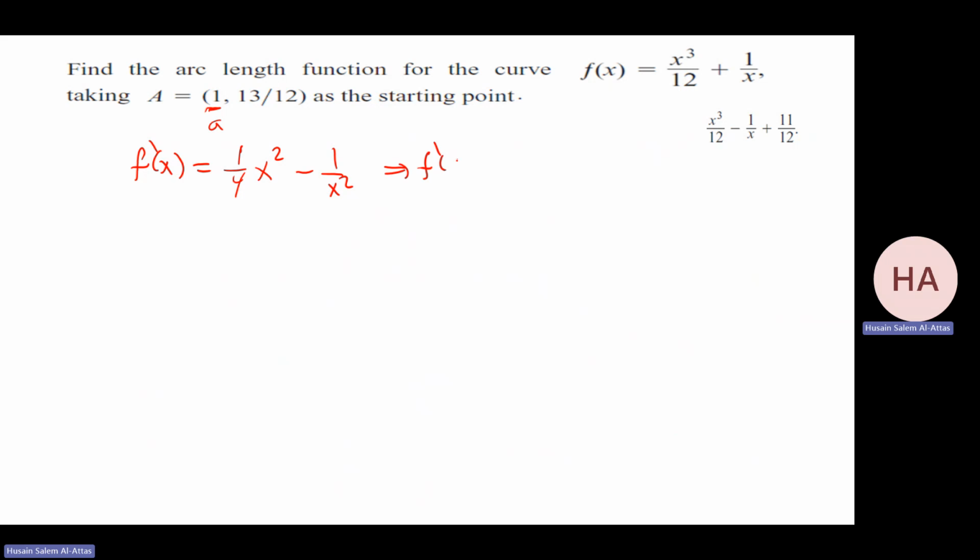F prime squared, it will be 1 over 16 x to the power 4 minus, this time, 1 over 4 times 2, minus half. Yeah, this half is always there. 1 plus 1 over x to the power 4. So 1 plus f prime squared, that minus half would be plus half.